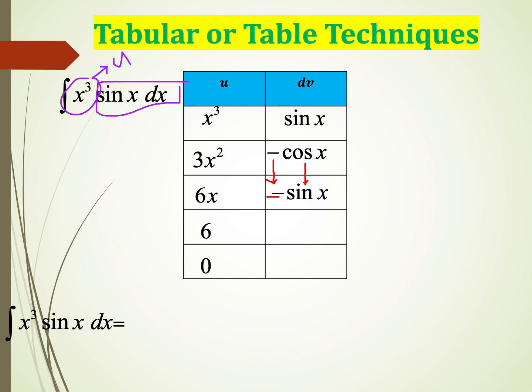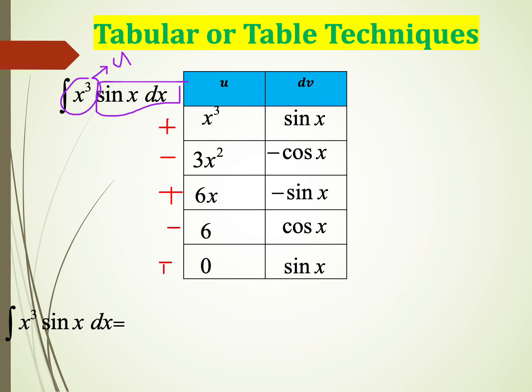Then again the integral of minus sine, the minus stays, and the integral of sine is minus cosine, so minus by minus will be plus cosine. Then I do the integral again, the integral of cosine is sine.